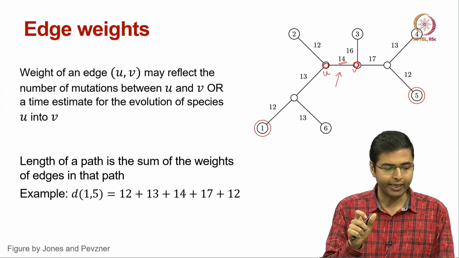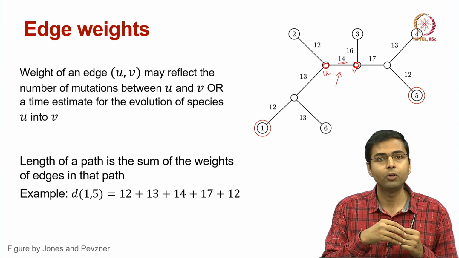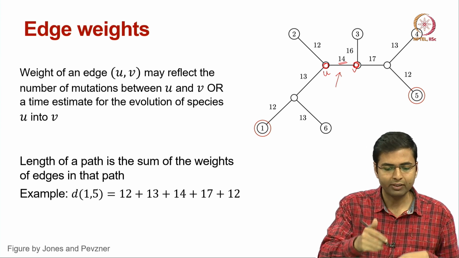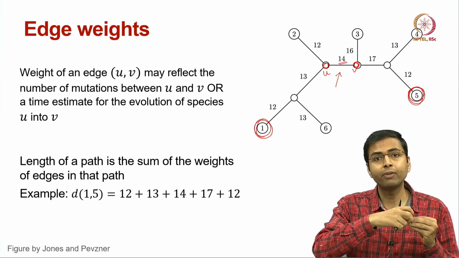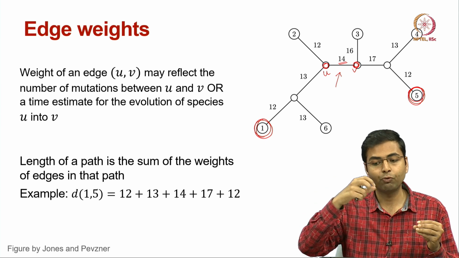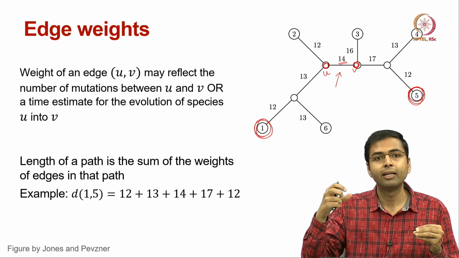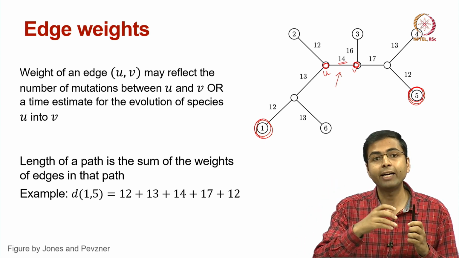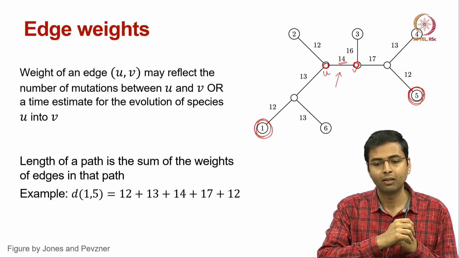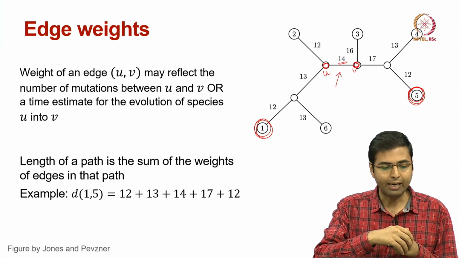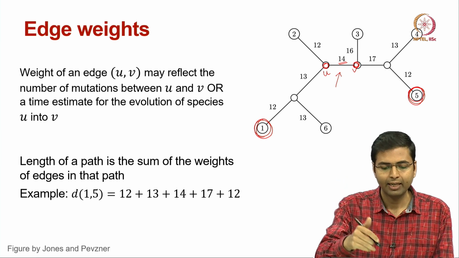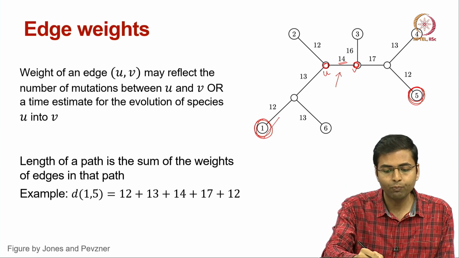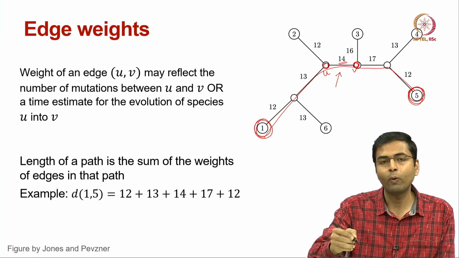Based on these edge weights, we can now use the length of a path. For example, if I consider 2 nodes 1 and 5, then the length of the entire path from 1 to 5 is the sum of the weights of edges in that path. If each edge weight denotes the number of mutations, then the length of the path from 1 to 5 will tell you the number of mutations between 1 and 5.